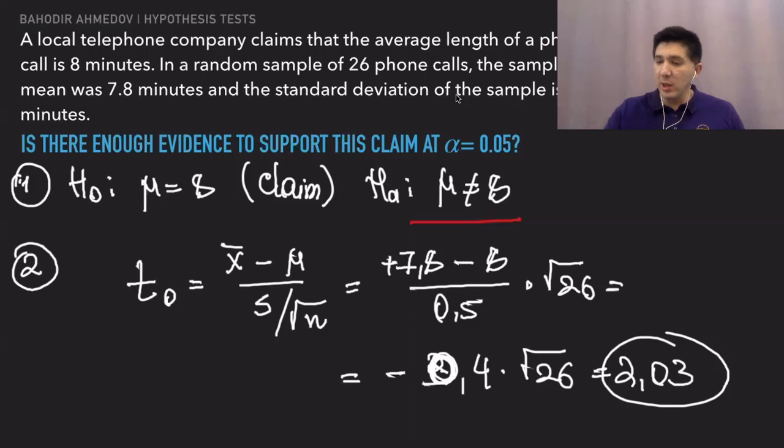We also need to know n, the size of the sample, because we need to calculate the degrees of freedom. The degrees of freedom is going to be n minus 1, the sample size minus 1. In this case, it's going to be 25. And we also need to know the level of significance, which is going to be 0.05. So let's go to the table and try to calculate this here.